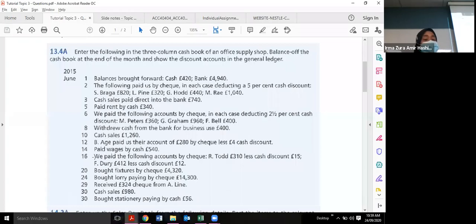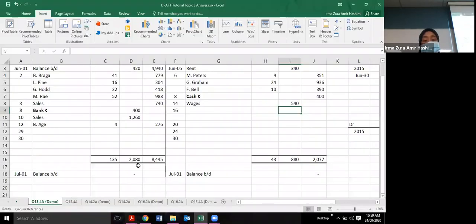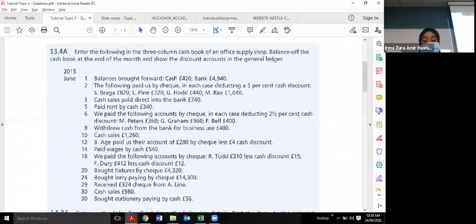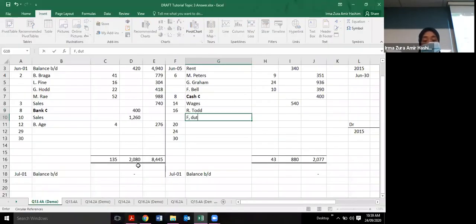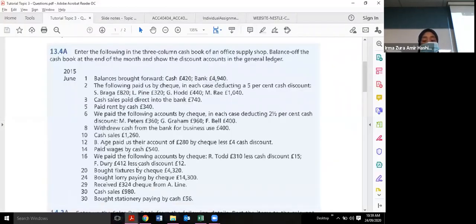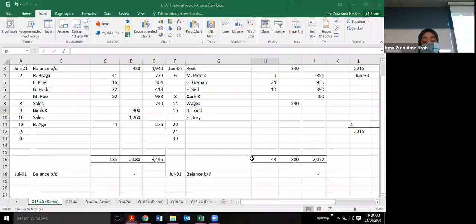Okay, and then June 16, we paid the following accounts by check, R Thought less discount 15 and so on. So we paid by check, so it will be on the credit side. So here I just write the party's name first. R Thought and also F Jury. Okay, R Thought discount 15.